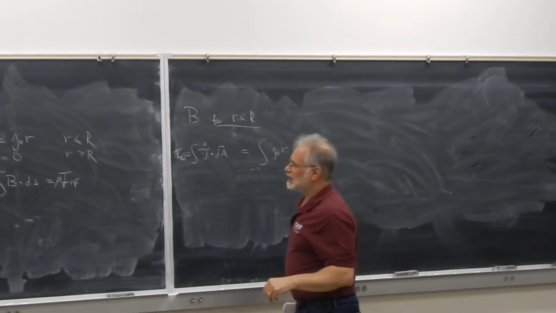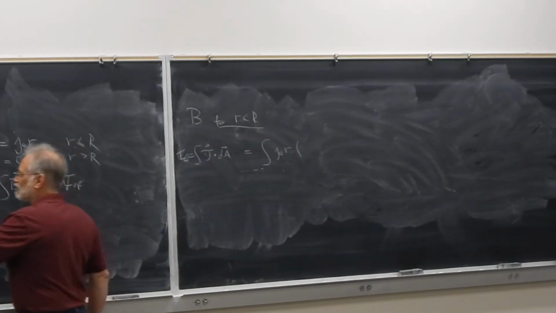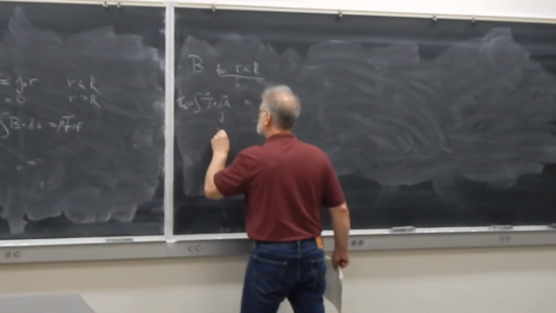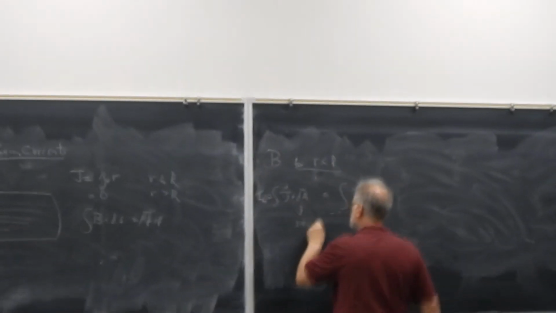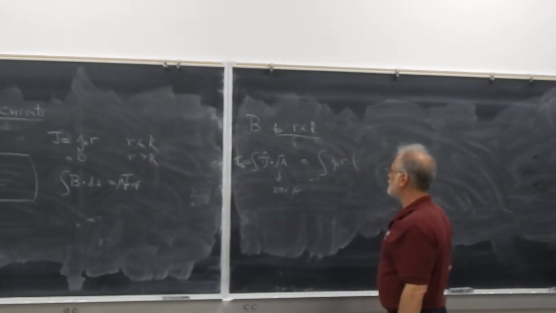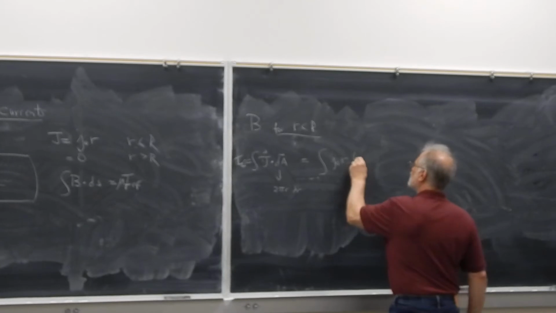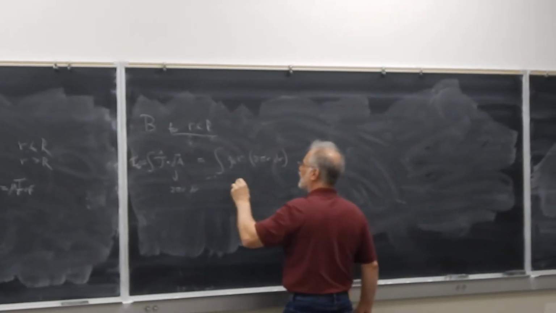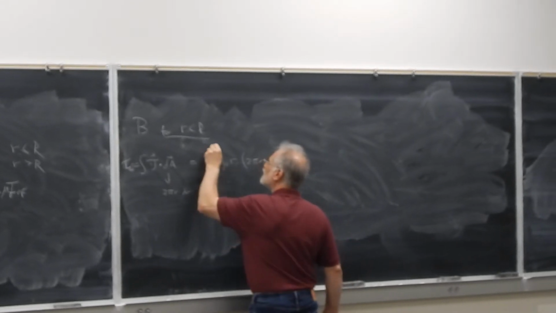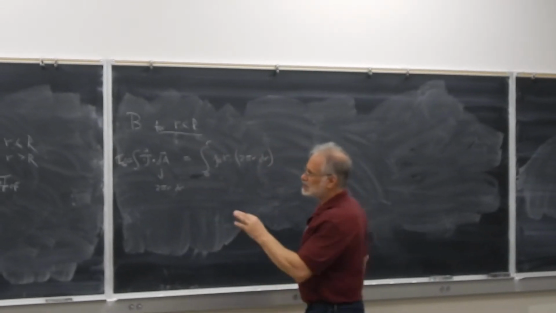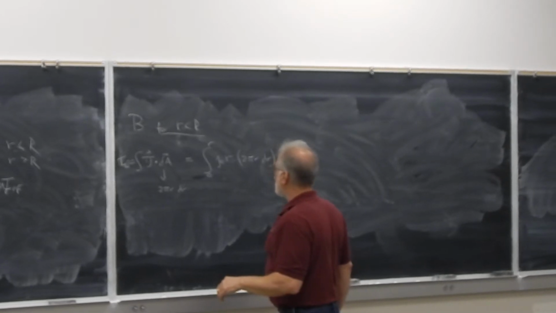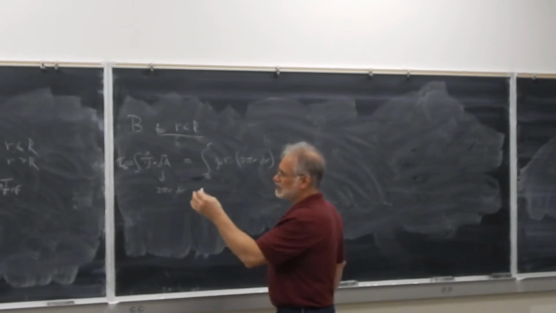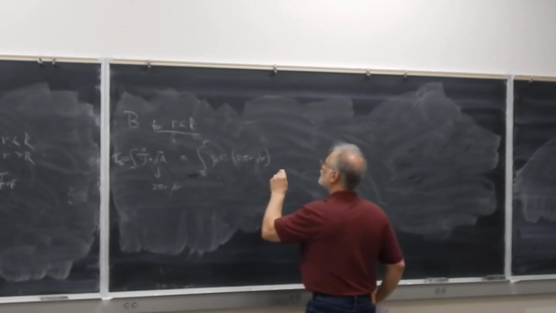My area element for the Amperian loop is just going to be 2 pi r dr. And so that gives me a factor of 2 pi r dr, and I'm going to have to integrate from 0 to little r, where little r is the radius of my Amperian loop. And that will tell me how much current is going to pass through that small loop.